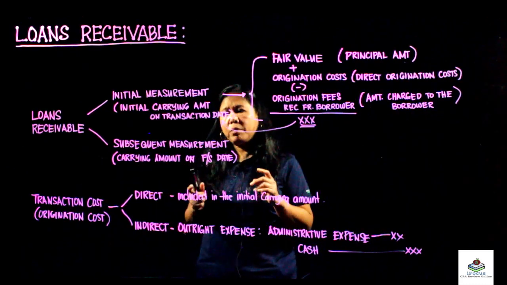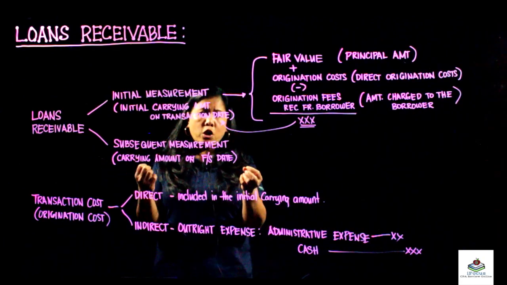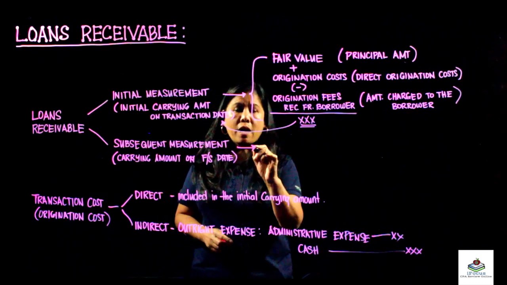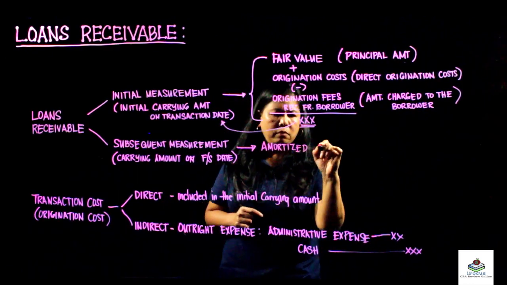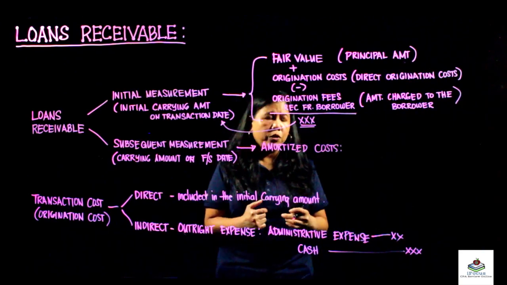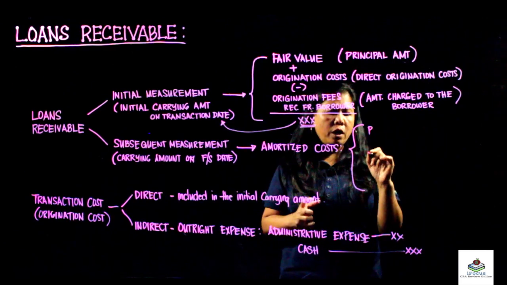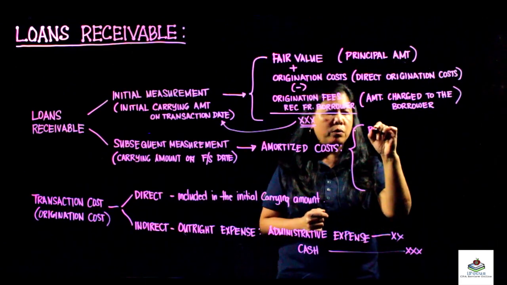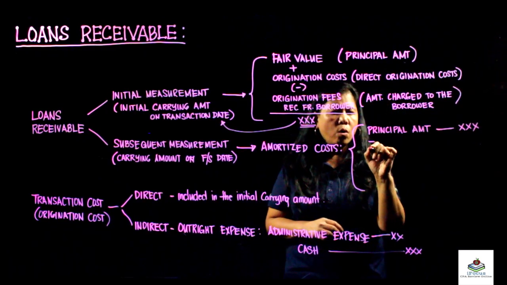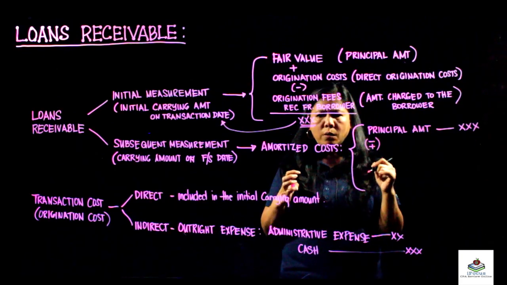And the subsequent measurement of our loans receivable, which is the carrying amount on the financial statement date, will be measured at amortized cost. So how do we compute our amortized cost? We start with the principal amount. Then we less or plus amortizations.